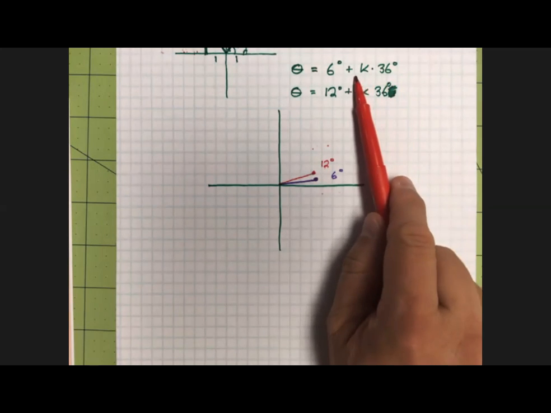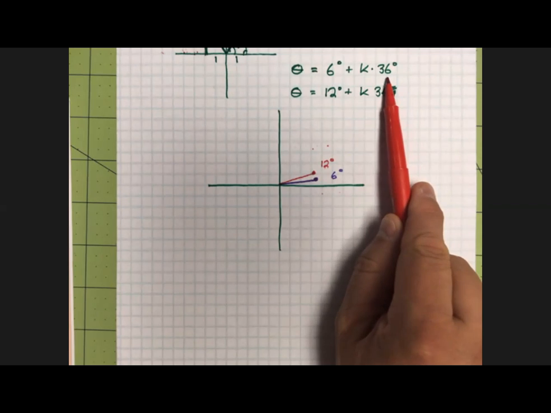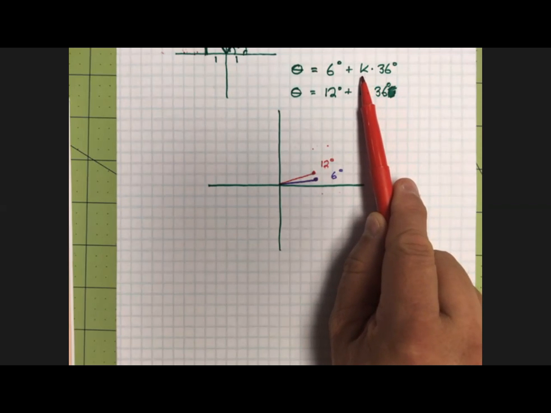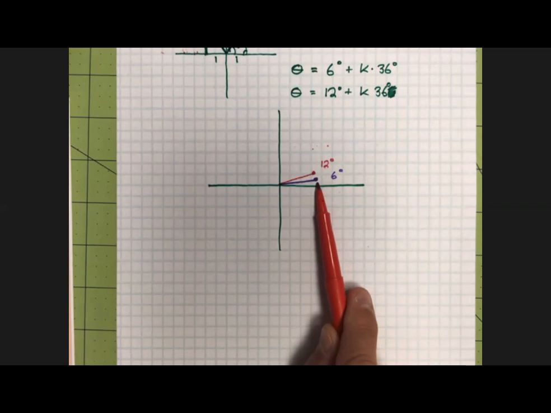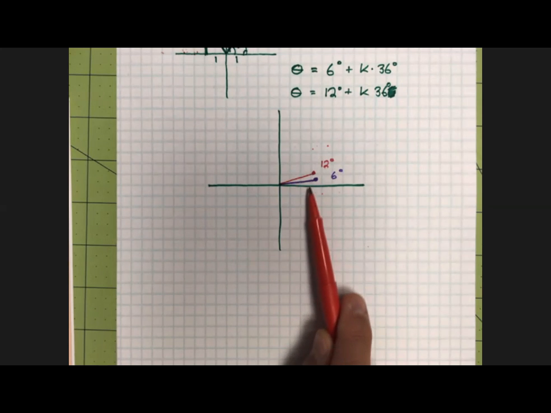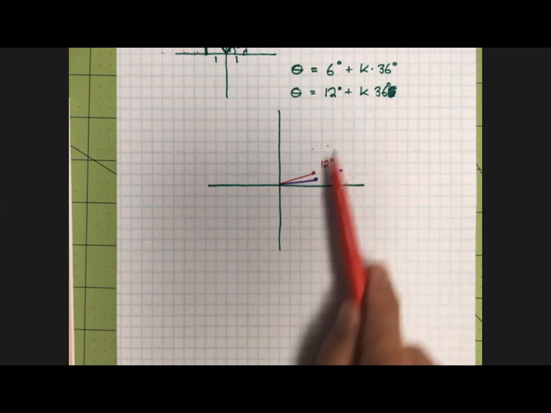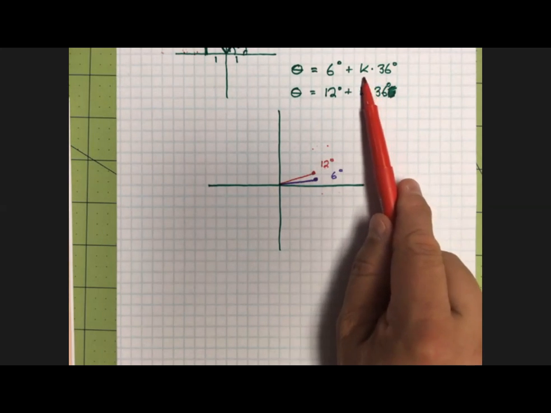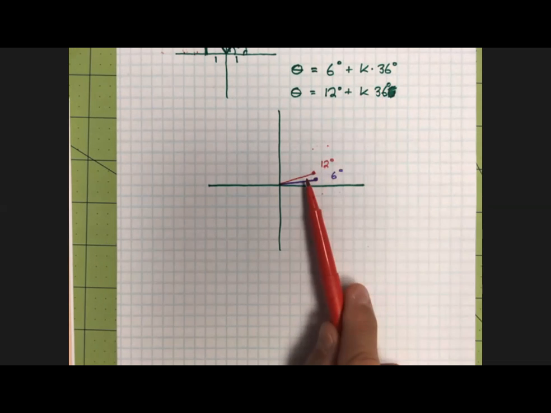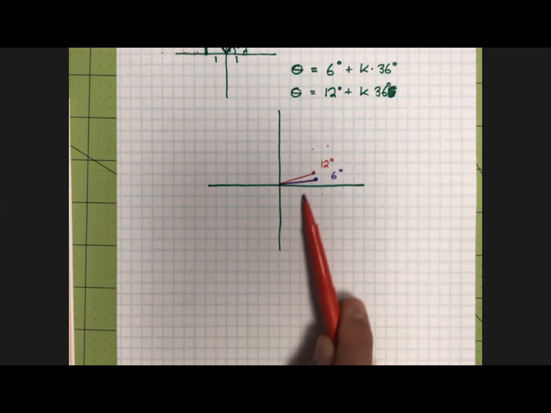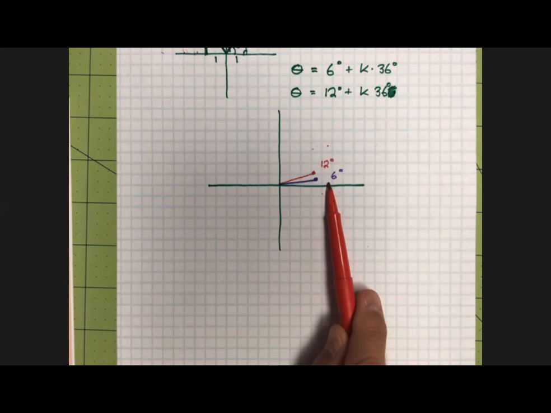How many things will I add in 360 degrees? I would have to pump this k up to 10 until I get back to here. So what I need to draw is like 10 equally spaced angles based on 6 degrees.